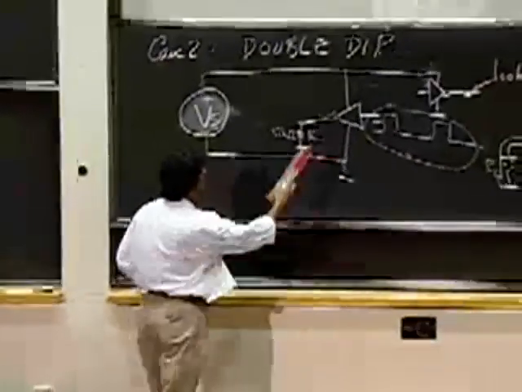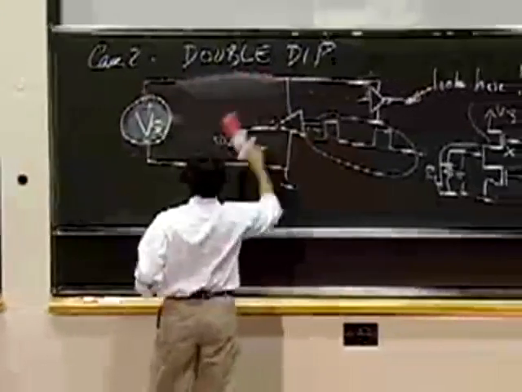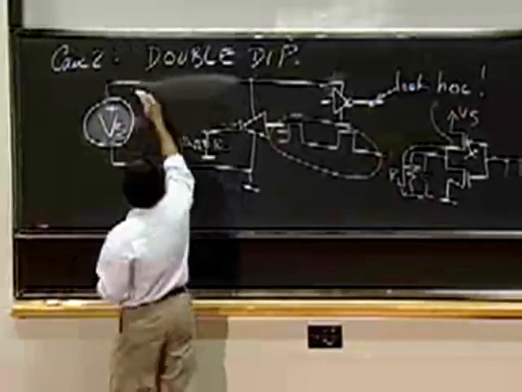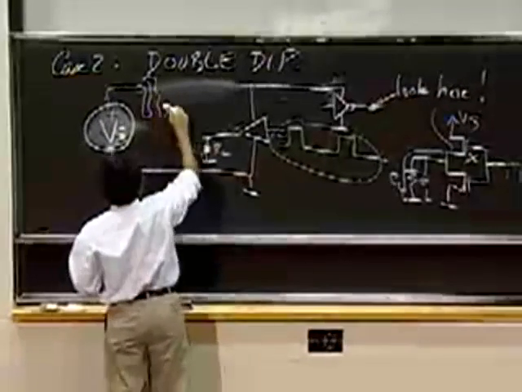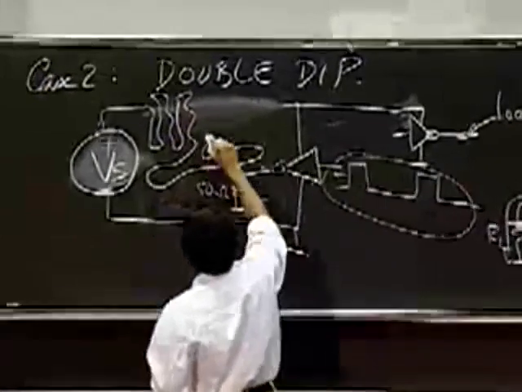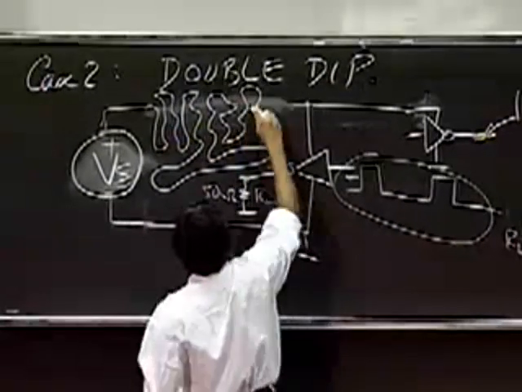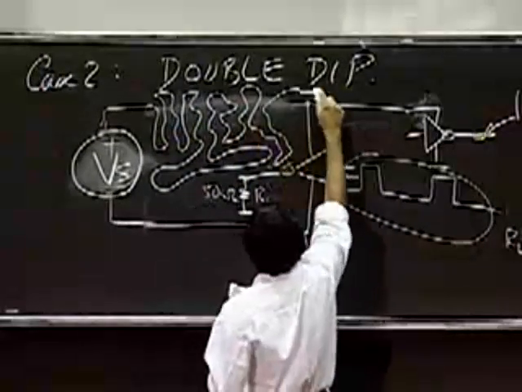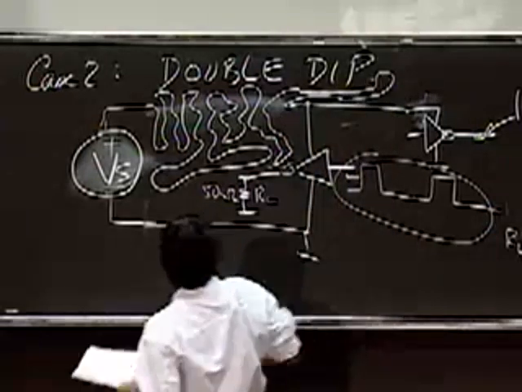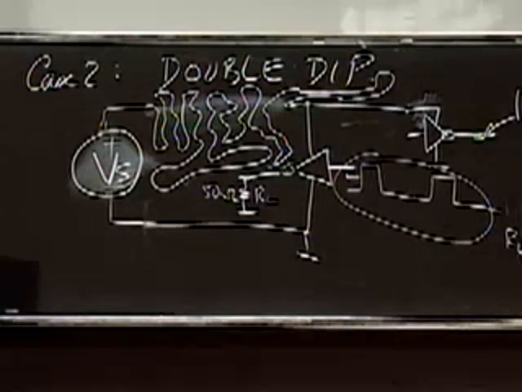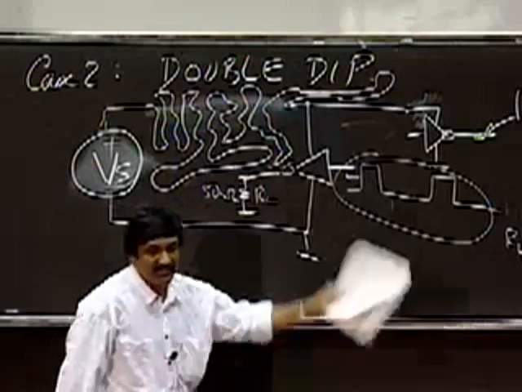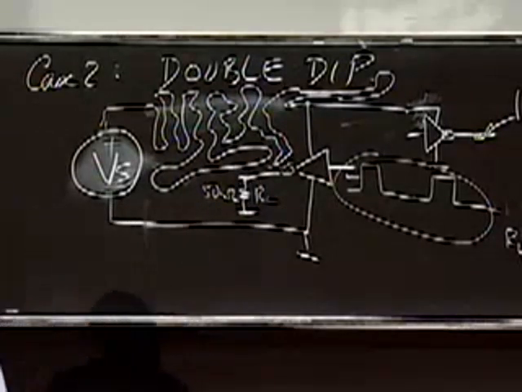So what I've done here is I've made this wire really, really long. Okay, it's a really long wire. But it's a thick wire. So it's a Mongo thick wire.